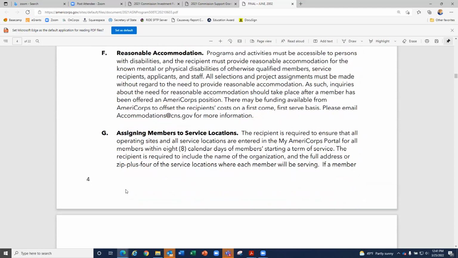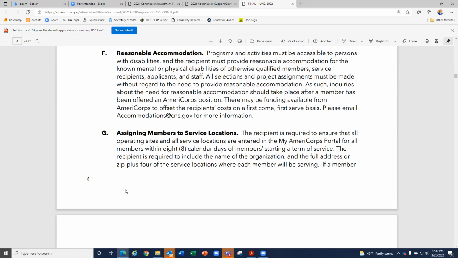I'll just highlight this reference to reasonable accommodation that appears in the terms and conditions. It's a very small paragraph with outsized importance. It mentions that your program and activities must be accessible to persons with disabilities, and applicants should be offered reasonable accommodations in order to serve with you.